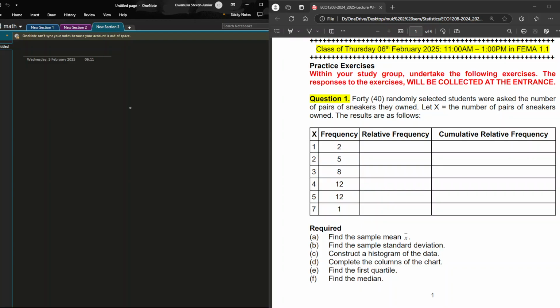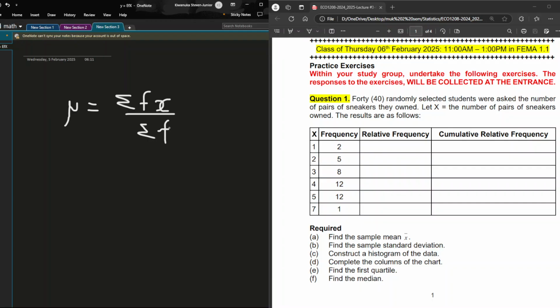For example, here, the mean for ungrouped data equals summation of fx out of summation of f.